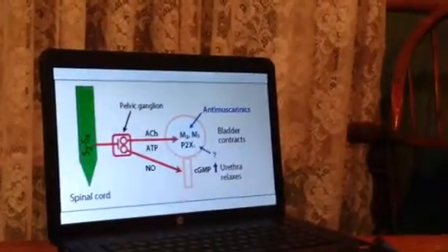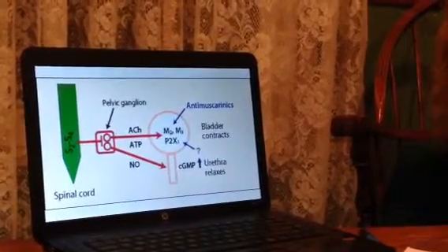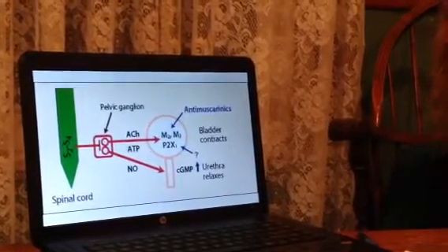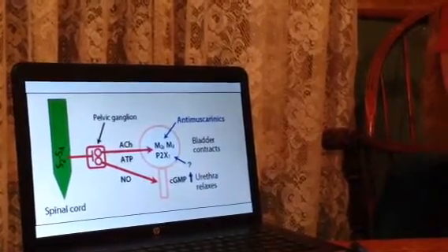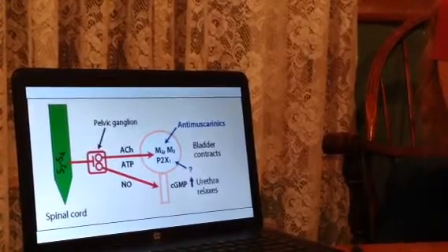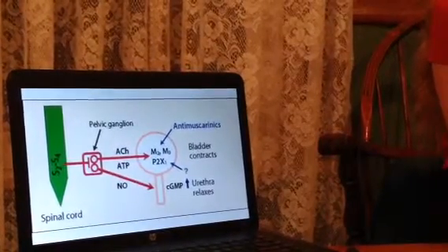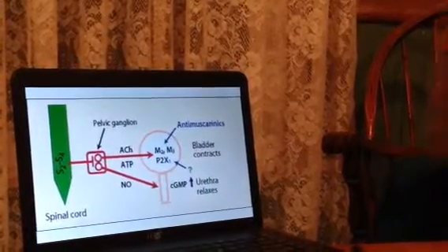Parasympathetic preganglionic neurons send axons to the ventral roots to the peripheral ganglion, where they release the excitatory transmitter acetylcholine. Then acetylcholine can excite various muscarinic receptors in the bladder smooth muscles, leading to bladder contractions.